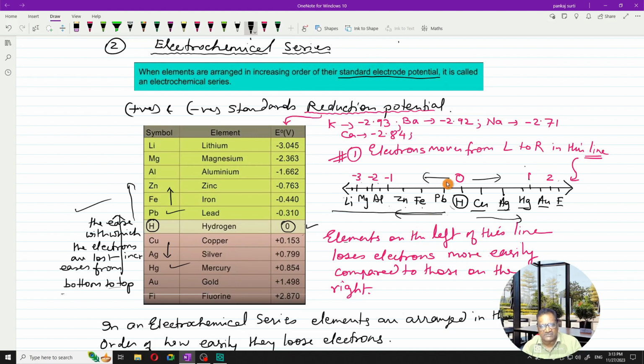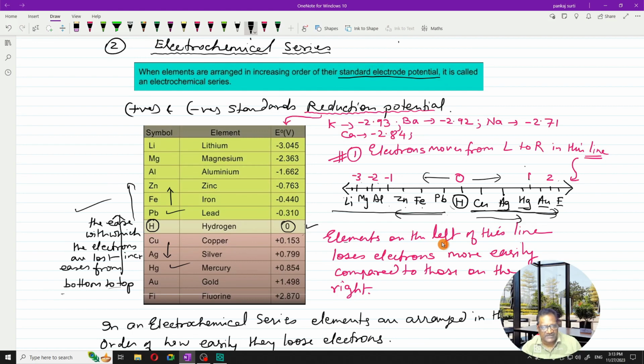Compared to those, the elements on the right are not going to lose electrons easily. They will lose electrons, but they will require more energy to lose that electron, and that is why the electrode potential is more. That clear? It is positive, right? So this is the meaning of electrochemical series.